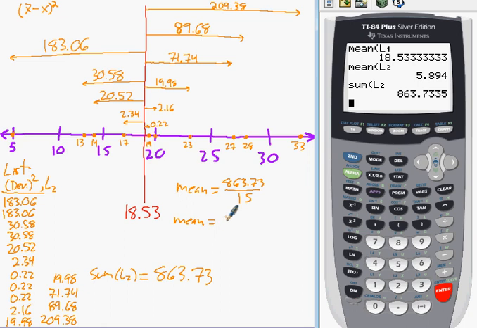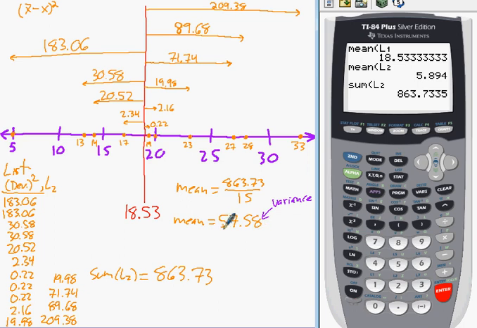And if we do that out, we get 57.58. Now this has a particular name to it. I mentioned this earlier, this is your variance. Whenever you have essentially the average of the squared deviations, this is called your variance.